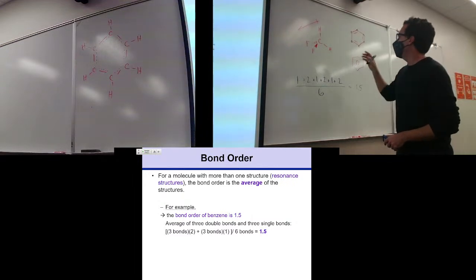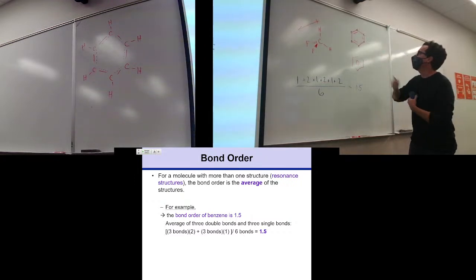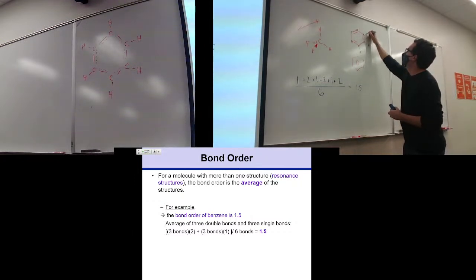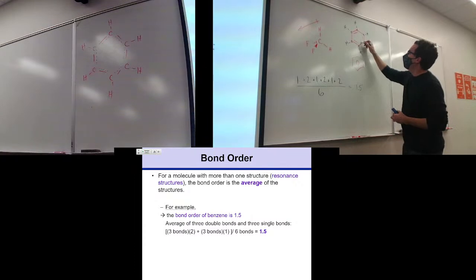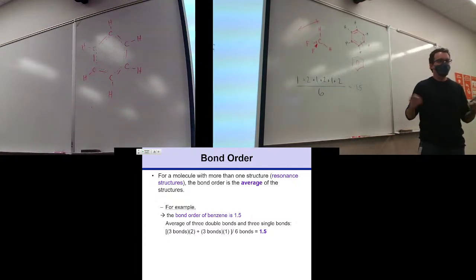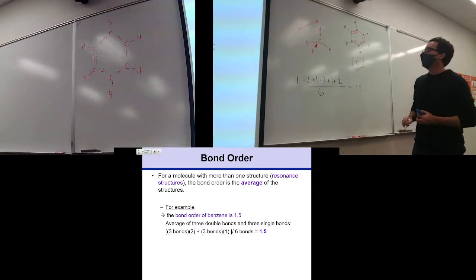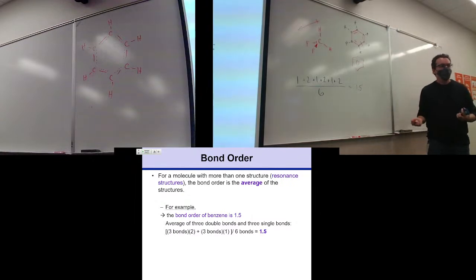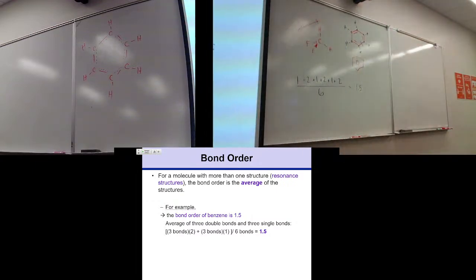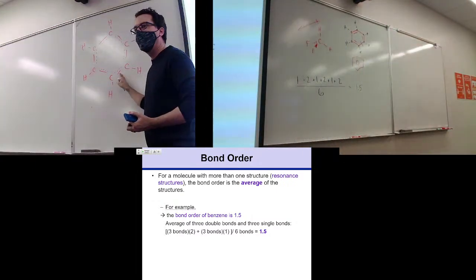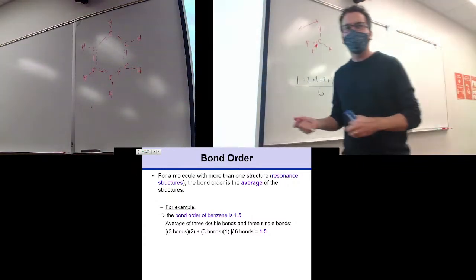Well, if this picture was the true picture of benzene, and I'm leaving off all the hydrogens, then I could break benzene very easily along the carbon-carbon single bond area, because it doesn't take much energy to break that bond. It's a lot harder to break a double bond. It turns out benzene is a very, very stable molecule, and one of the reasons it is stable is because it's not single, double, it's 1.5 everywhere. So the bond is actually stronger than what we think it is. So it's actually hard to break that carbon-carbon bond.